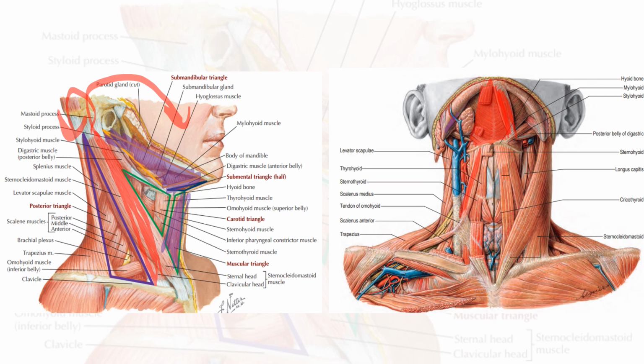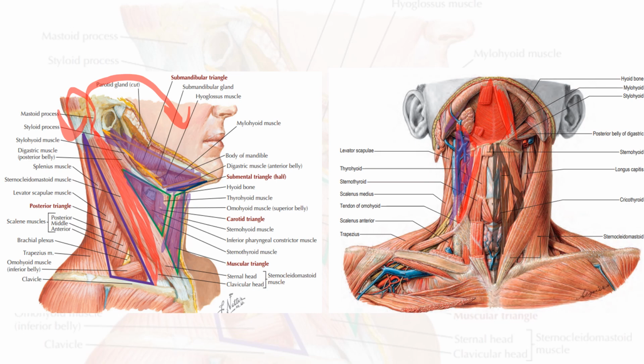Anteriorly we have the muscular triangle, and omohyoid, above the omohyoid we have the fourth triangle, that is the carotid triangle.